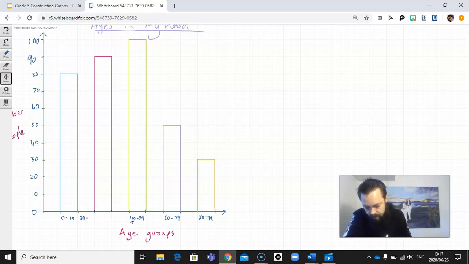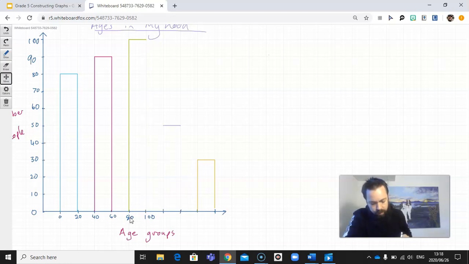In fact, what we can do is because these lines meet, we can say that 0, 20, 40, 60, 80, and 100.